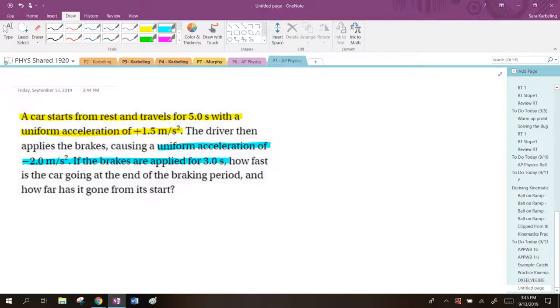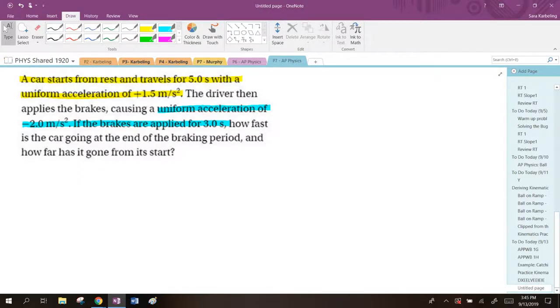Generally, if I have two objects or two situations, I'm going to write those givens down in two columns to keep myself from getting too confused. Otherwise, I will. So situation 1, the part that I've got in yellow, what's one of my givens? I have an acceleration, 1.5 meters per second squared.